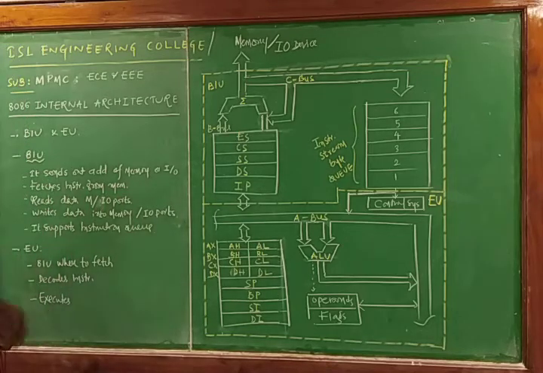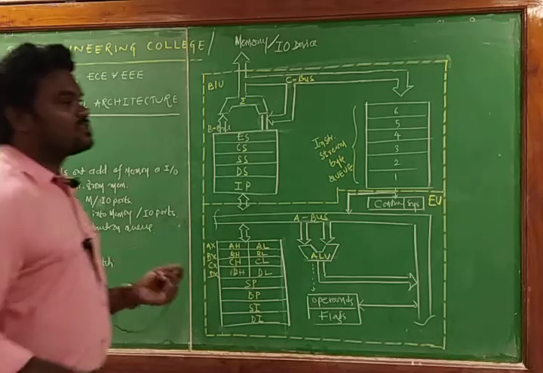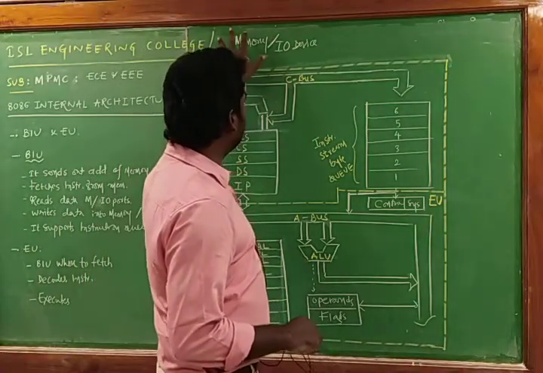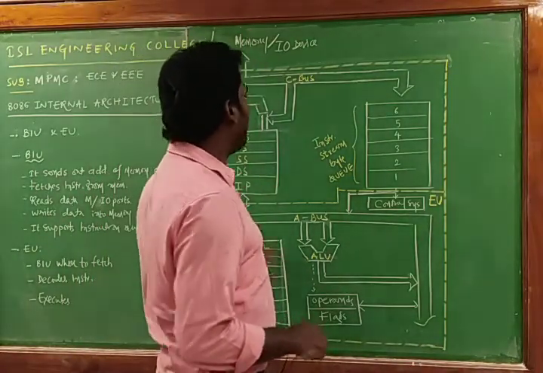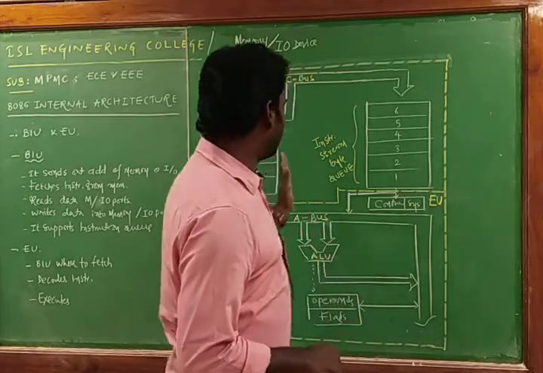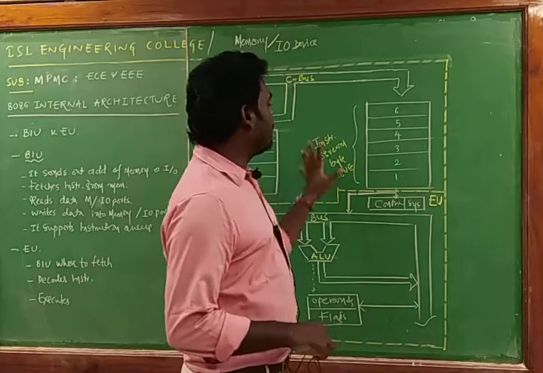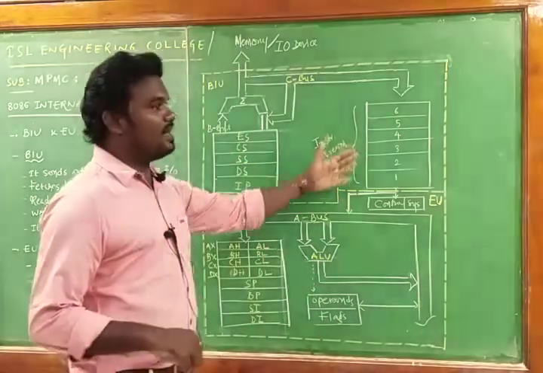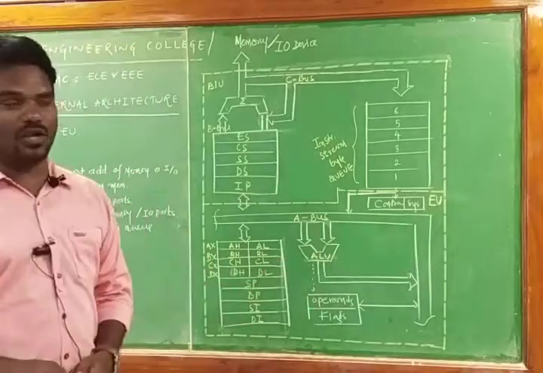And second, it fetches the instructions from the memory, so this bus interfacing unit is going to fetch the instructions, and these 6 instruction bytes are going to be stored in the queue, and these instructions will be taken by the execution unit.